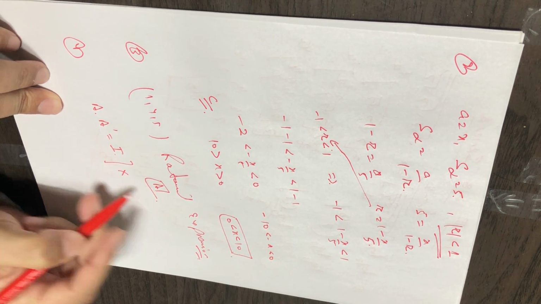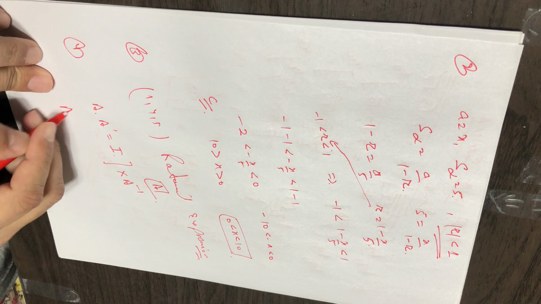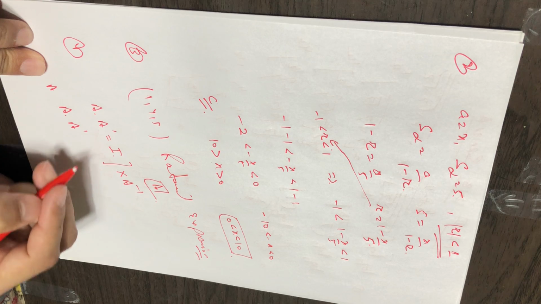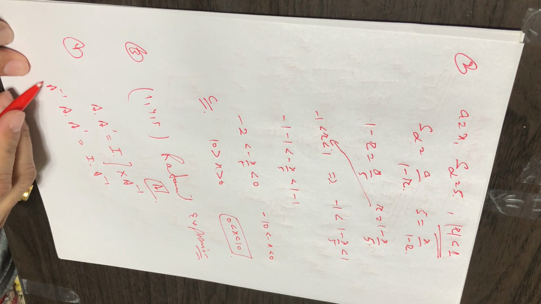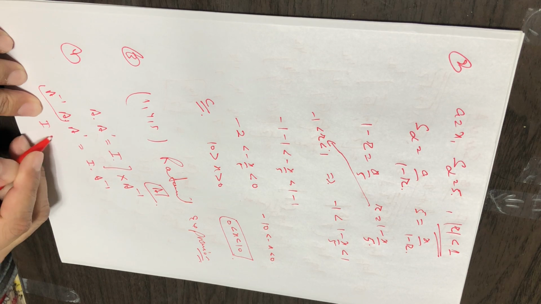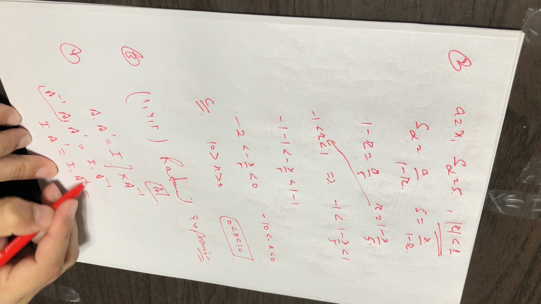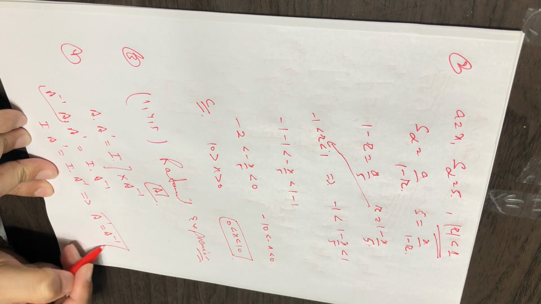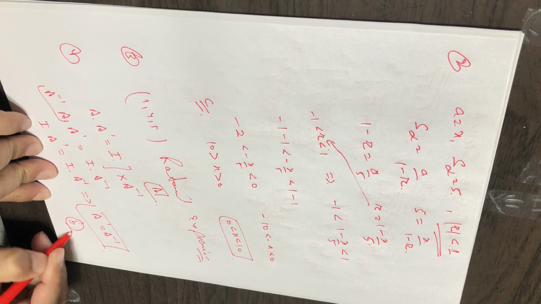Multiplying both sides by A inverse, we get A prime times A A inverse equal to identity times A inverse, and we know that when A inverse and its original matrix are multiplied, we get an identity matrix. So from this we can clearly see that A prime is equal to A inverse. In this case, B is the correct option.